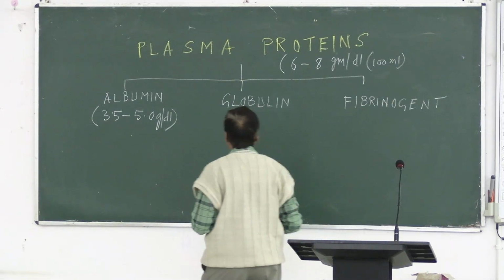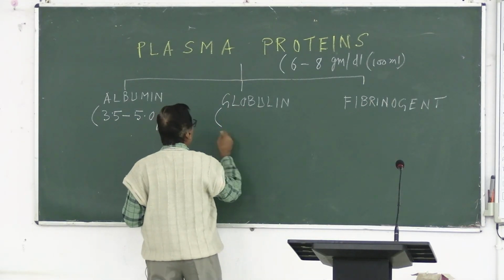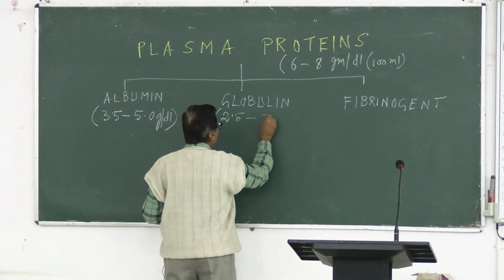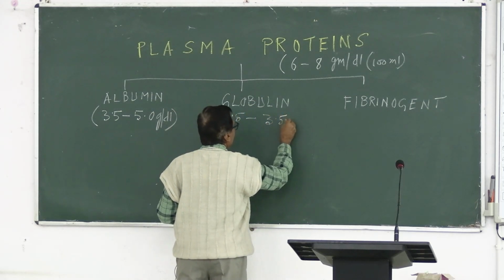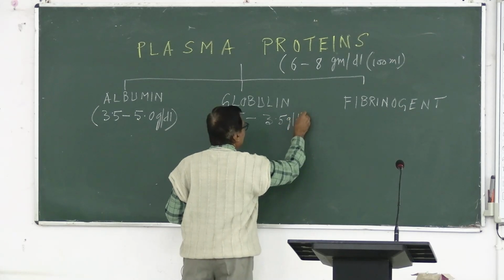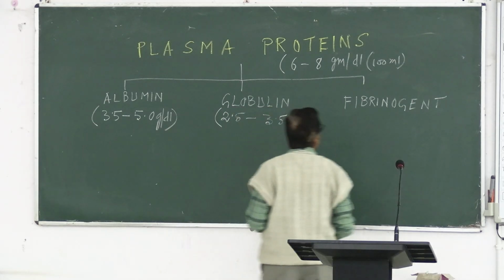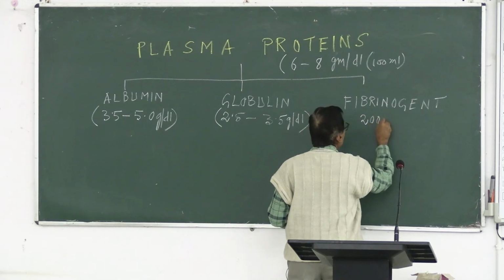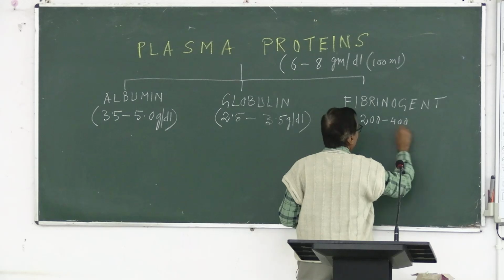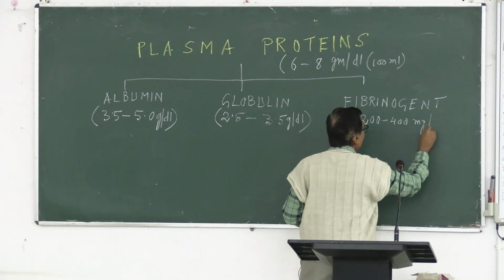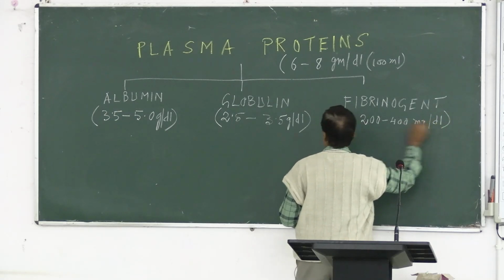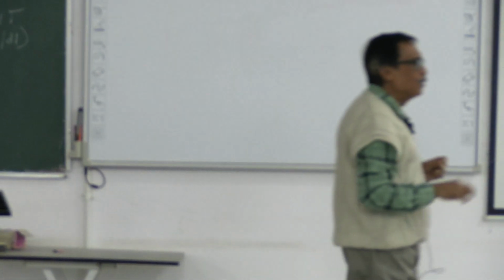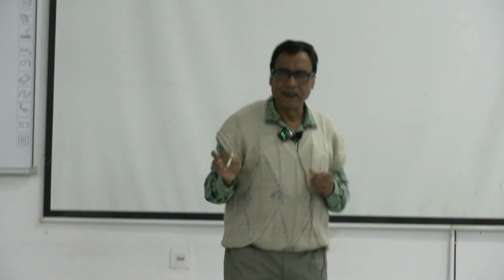Next is globulin. Its concentration is a little lower than albumin, 2.5 to 3.5 gram per dl. Fibrinogen is very little in comparison to albumin and globulin. It is 200 to 400, not in gram, but milligram. These are the concentrations of the various proteins present in the plasma.